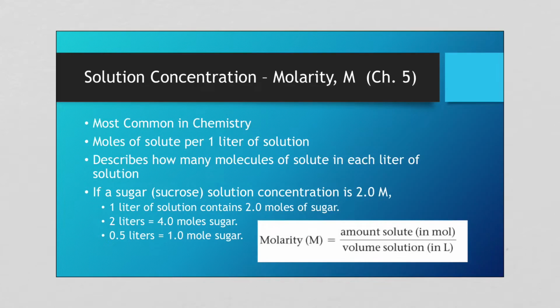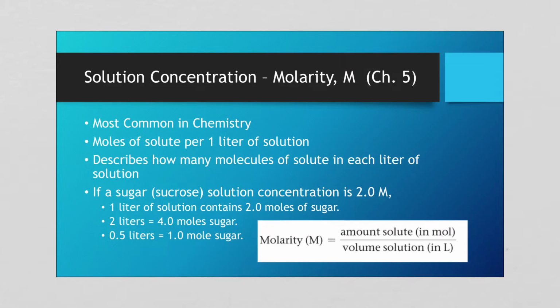So, first one, molarity. I'm not going to go over this in detail. If you need to review molarity, you can look back at chapter 5 where it's first introduced. But this is probably the most commonly used unit of concentration in chemistry.